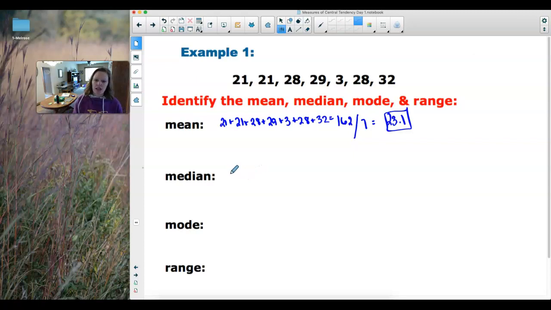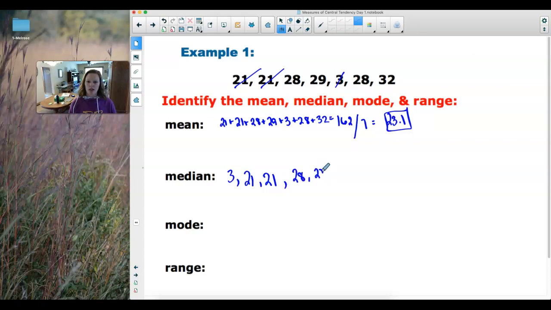Okay, the next thing is to find the median. To find the median, we have to put the numbers in order from least to greatest. So let's do that first. We have 3 is the lowest number. I'm going to cross them off as we go. 3 and then 21, 21. So I'm going to cross those two off. And then we have 28, 29, and 32.